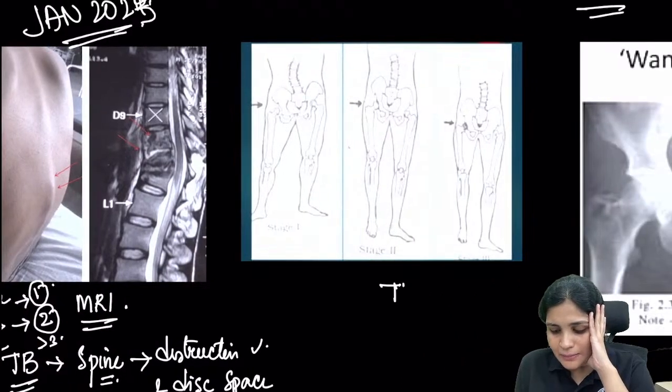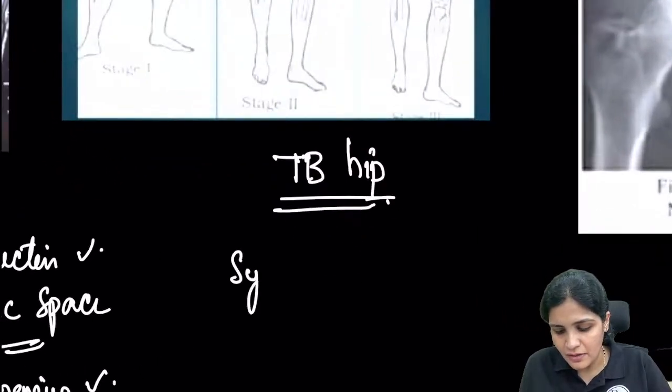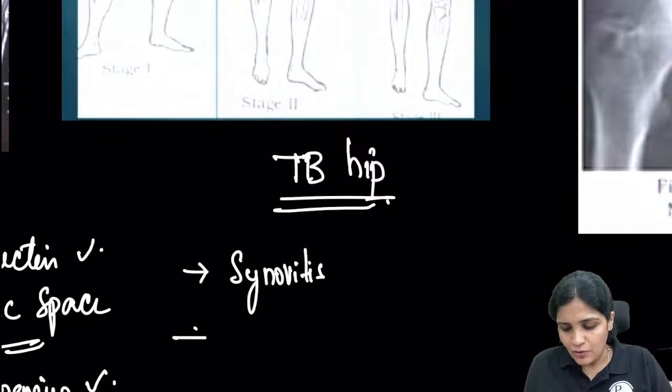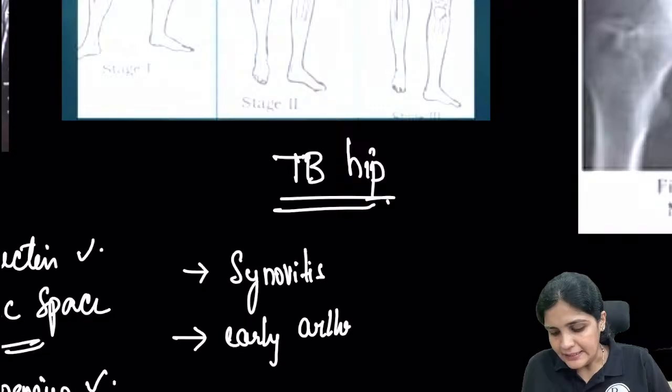Then comes the TB hip. There are stages of TB hip. The first stage is the stage of synovitis. Second is the stage of early arthritis. Next is late arthritis, and then advanced arthritis.